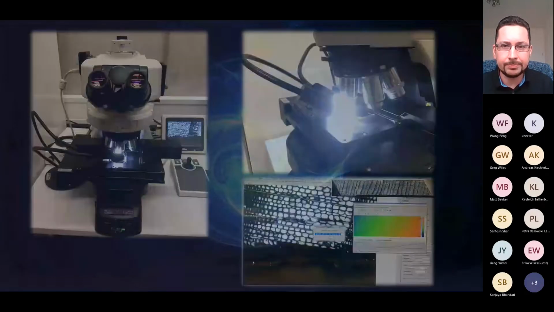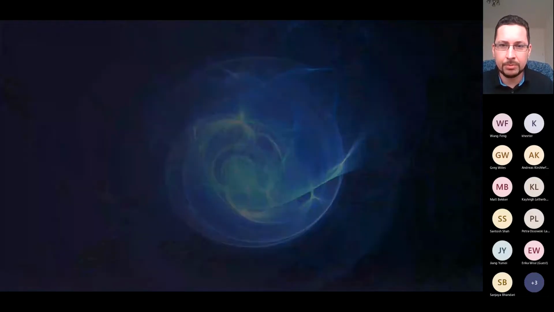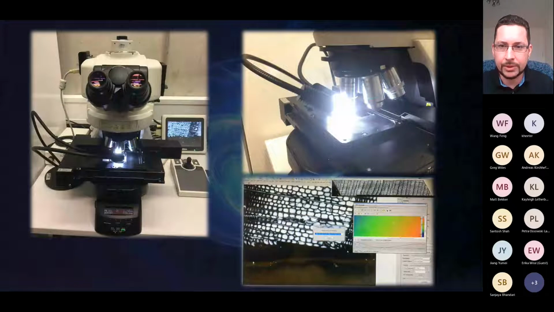Here's the microscope that we're using. We have a motorized stage, which allows us to get measurements in the X, Y, Z directions.